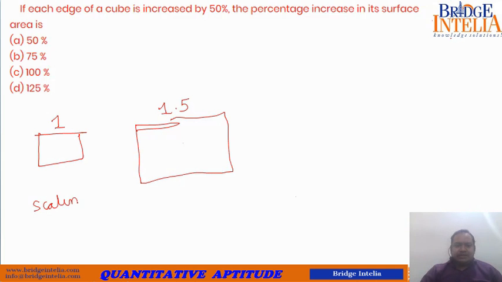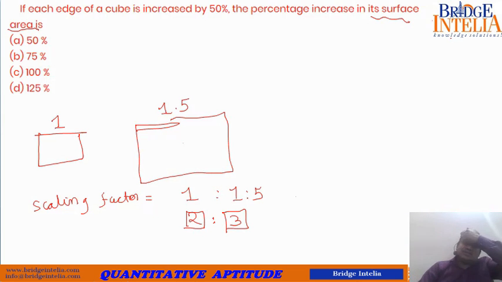Scaling factor is 1 is to 1.5, or this can be said to be 2 is to what? 3. 2 is to 3. This is the scaling factor. So now what is the percentage increased in its surface area?